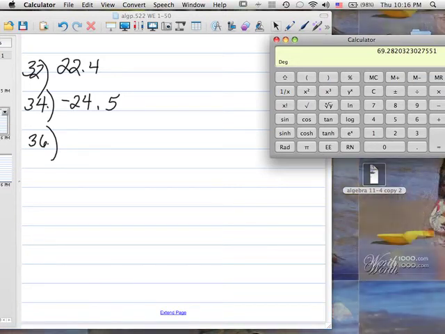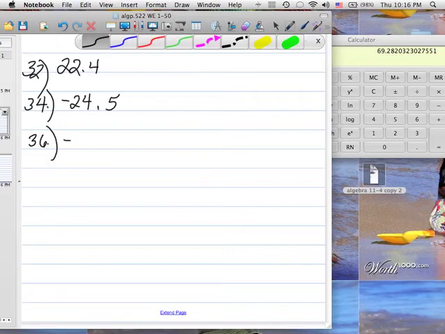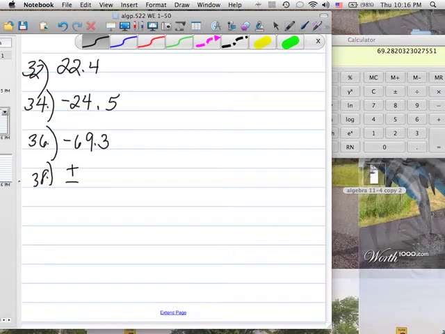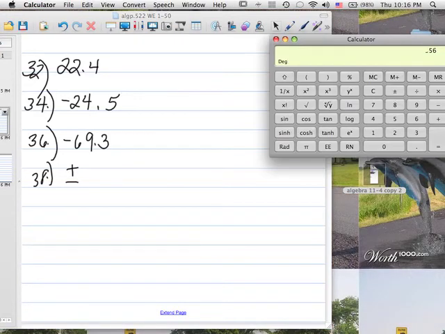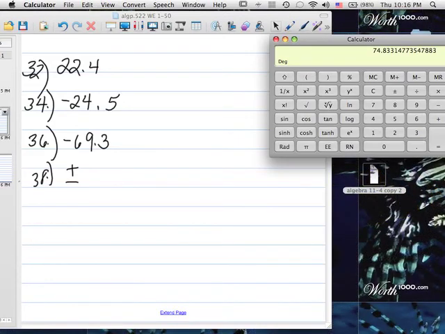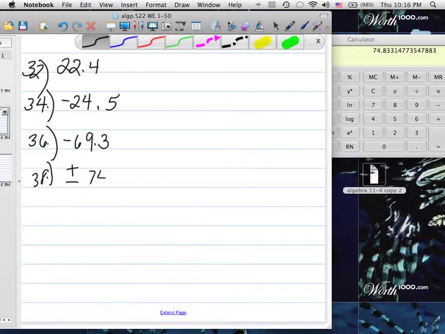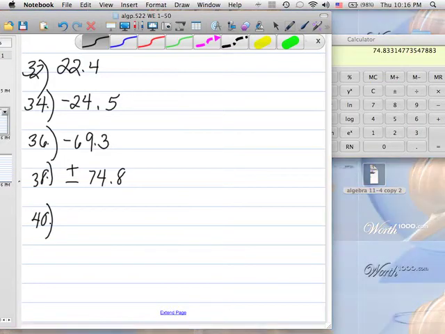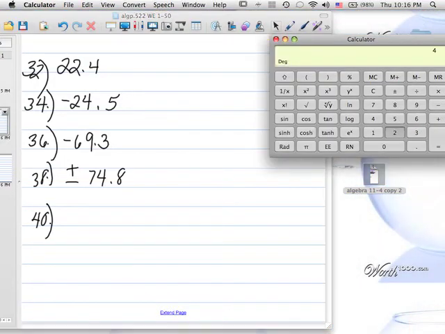It's going to be 69.3, and it's going to be negative. 38 is positive negative square root of 5,600, which is going to be 74.8. So positive negative 74.8.